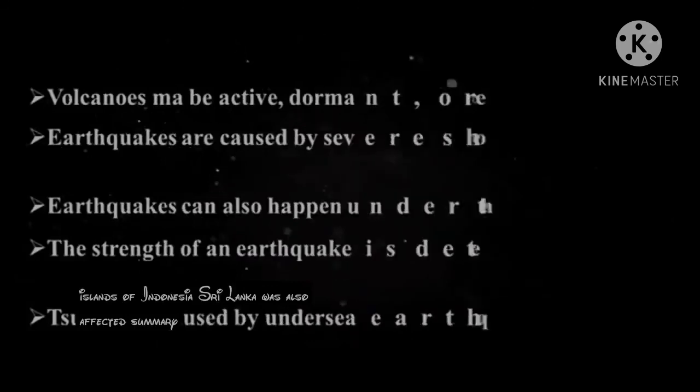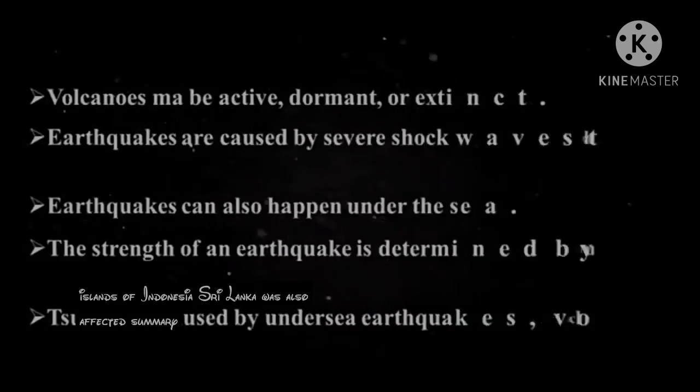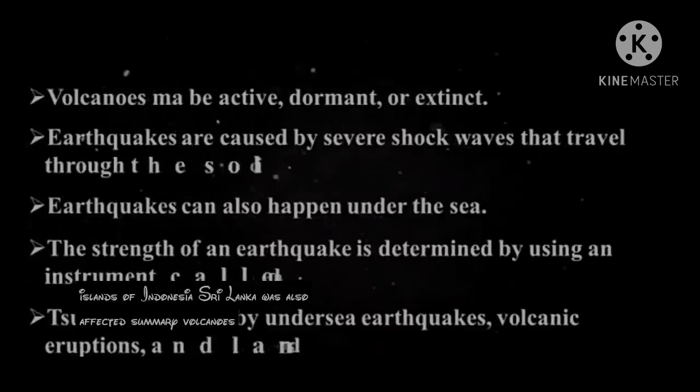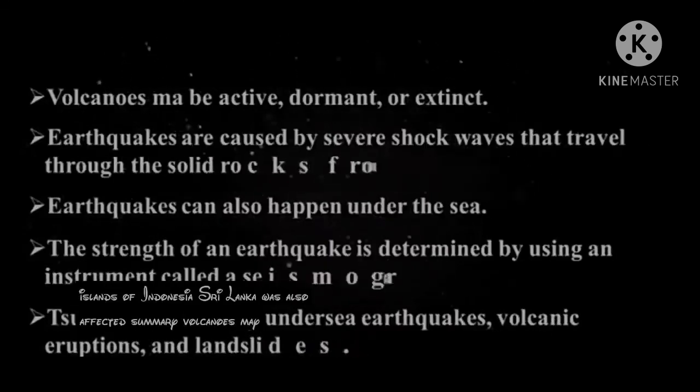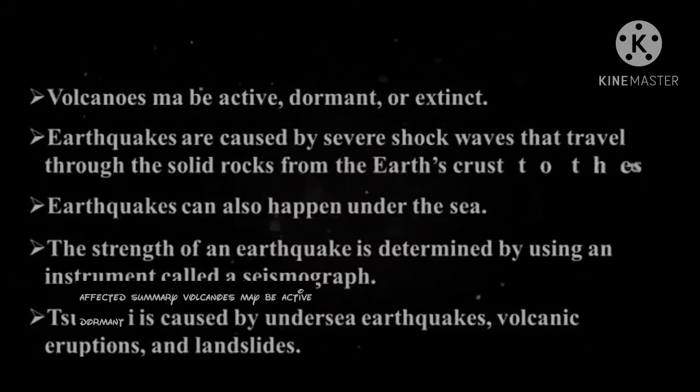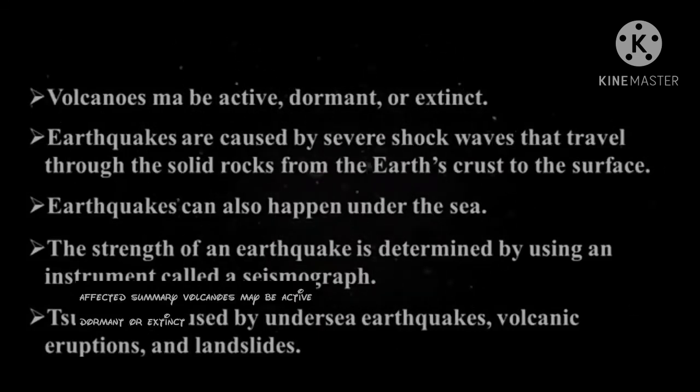My dears, now we shall recall what we have learnt in today's lesson, that is natural disasters. Volcanoes may be active, dormant or extinct, which are the three types of volcanoes. Earthquakes are caused by severe shock waves that travel through the solid rocks from the earth's crust to the surface.